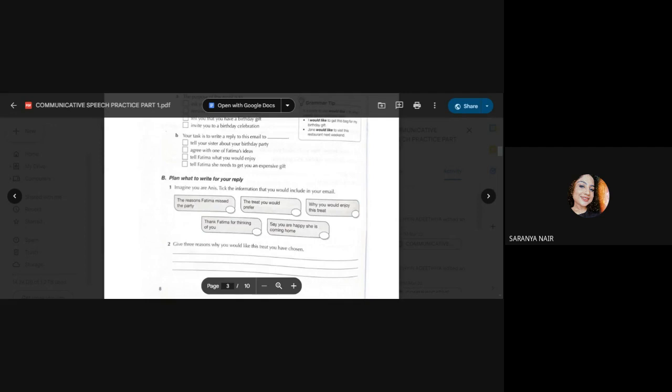Okay, now give three reasons why you would like the treat you have chosen. So for example, let's say you chose the treat of a surprise gift, and the gift is maybe a handbag. Why would you have chosen that? Can anyone give three reasons for that? Johan, have you done that? Or anyone else?